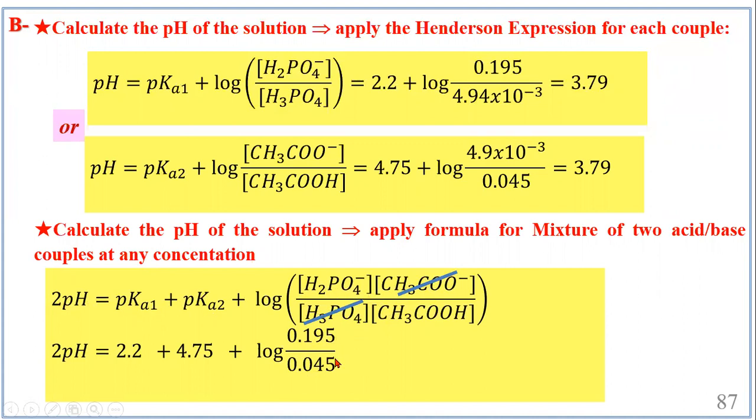Honestly, had you just kept the initial concentrations, 0.2 divided by 0.05, you would have gotten the same pH value. But still, the more correct, detailed way of doing it is the actual calculation of X, though it is small. So my pH happens to be 3.79.